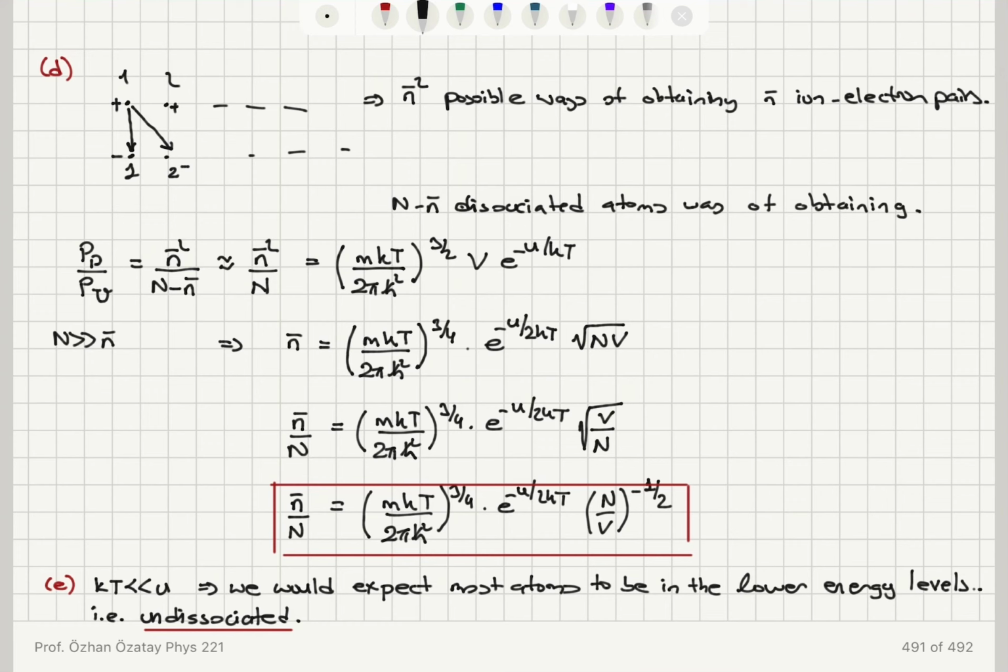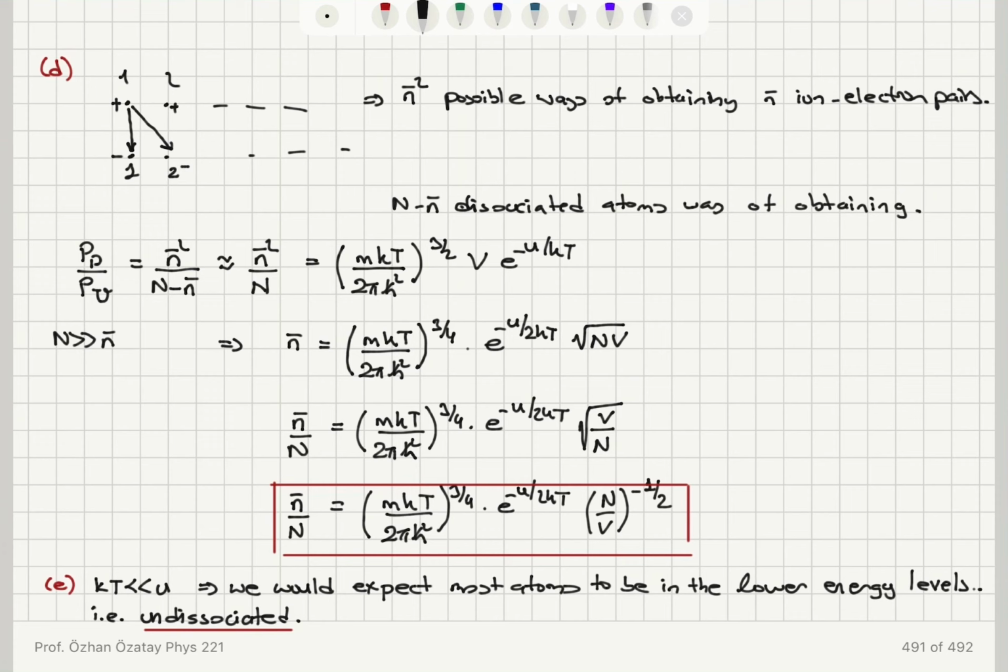So this ratio gives us, for n bar over capital N, a temperature dependence T to the 3/4, e to the minus U over 2kT, and volume to the power 1/2.